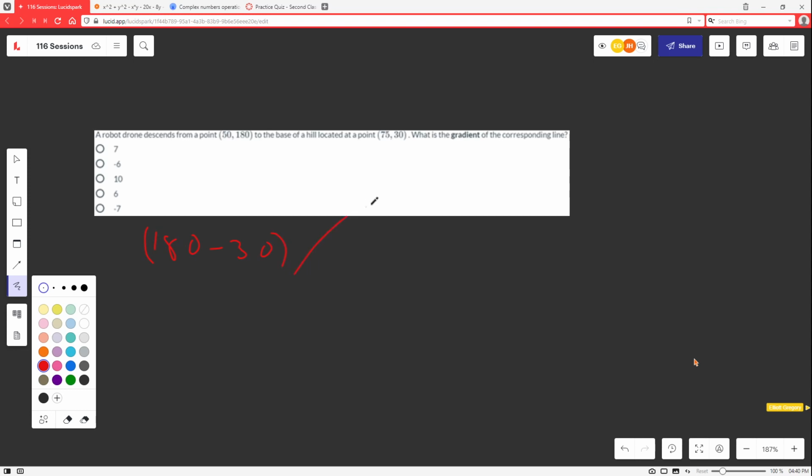And all that divided by 50 minus 75. Put it in the calculator and you get negative 6, which is this one. That's the gradient of that line. Alternatively, you could have just put the two points into Wolfram Alpha and it would give you the line equation.